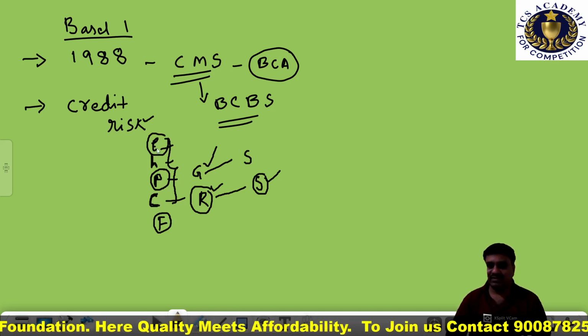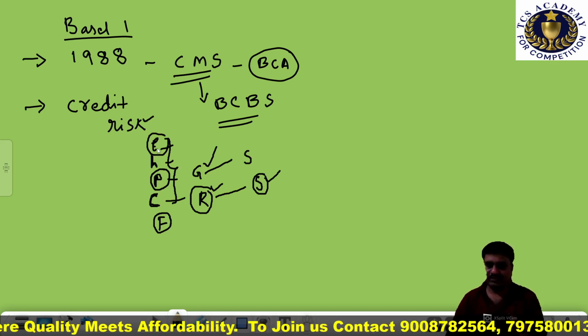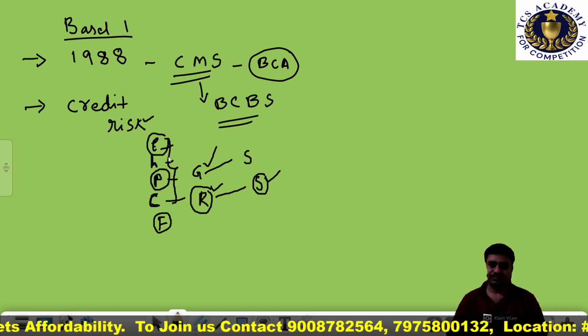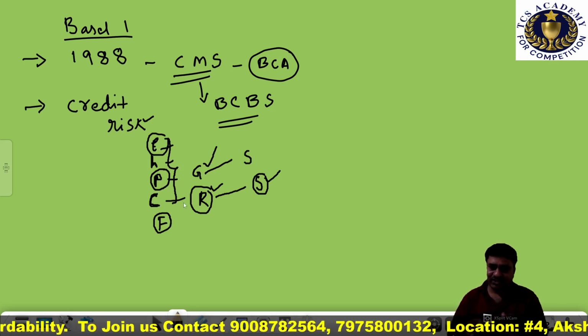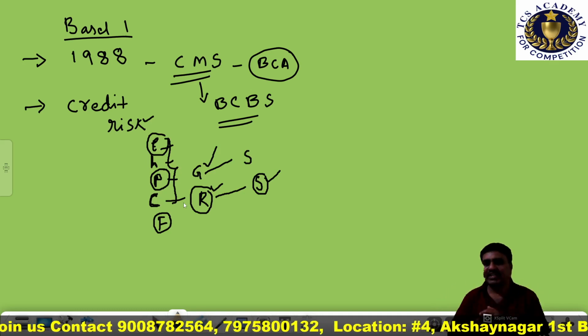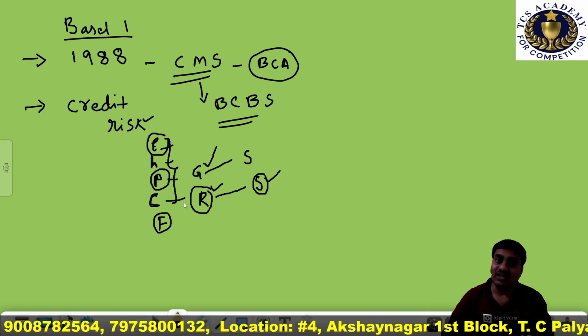Whenever the banker gives a loan against any securities, those loans are called secured loans. When the banker extends loans without accepting any collateral, we consider those as unsecured loans.